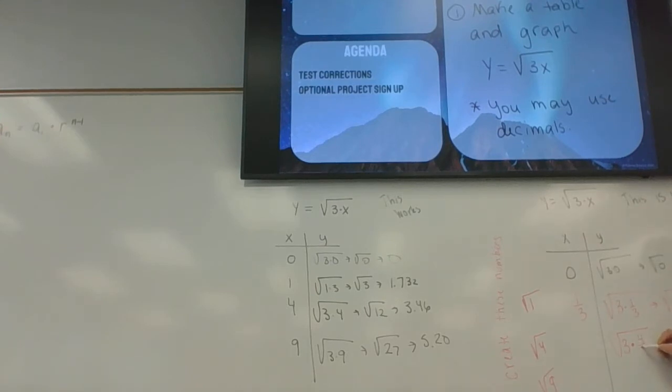So 3 times 4/3 is 12/3. Good job. Which is the square root of 4, which is 2. Because I'm trying to come up with a perfect square factor. So I'm really thinking about how I can best use my numbers.